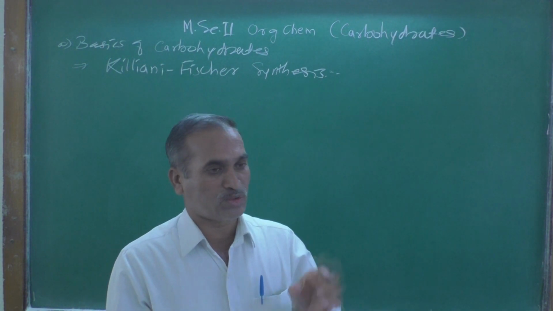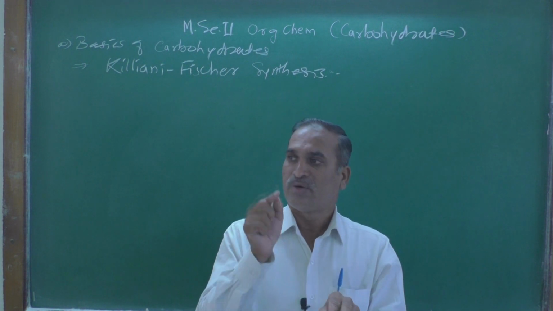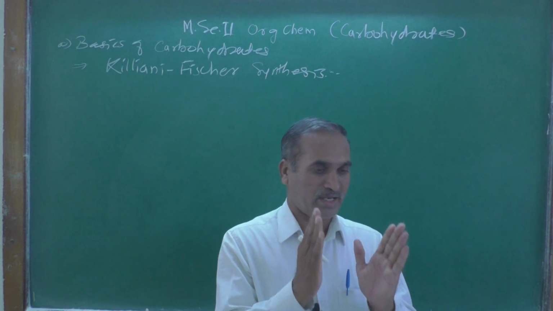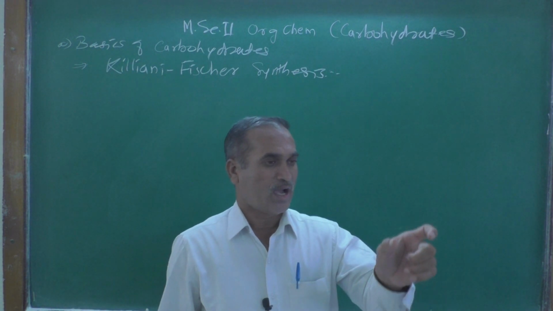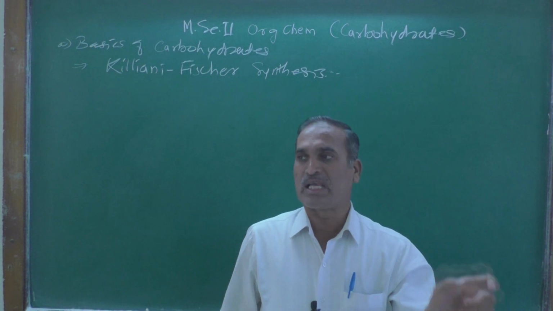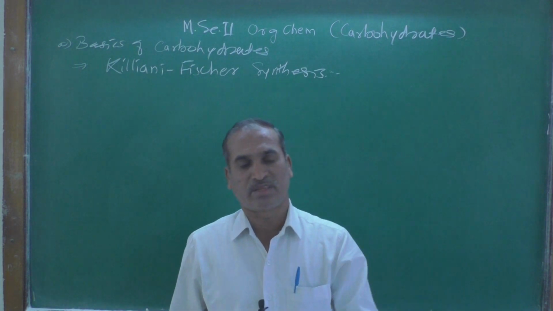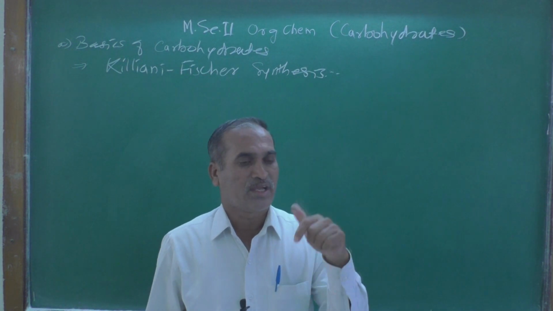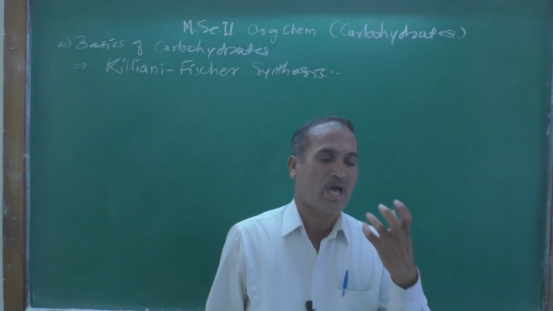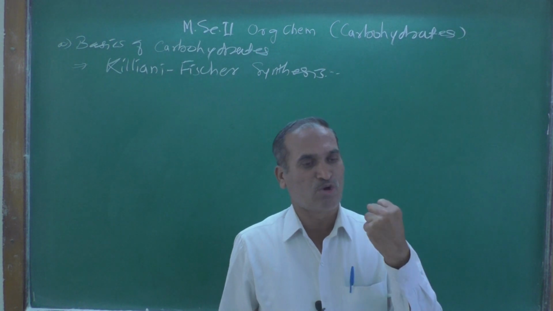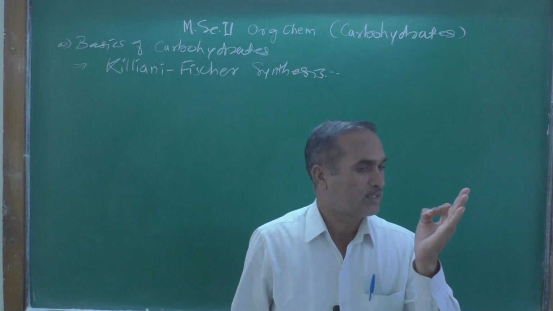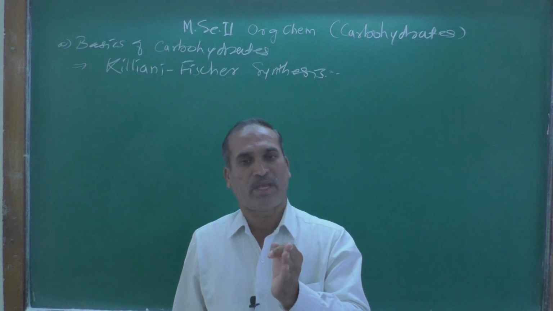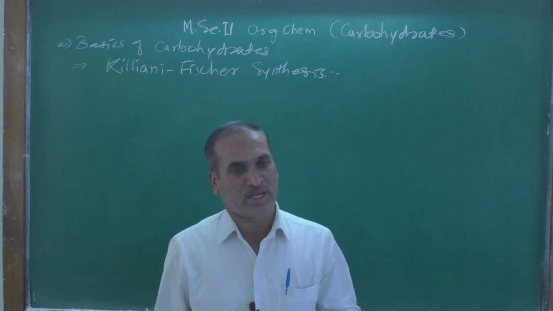So according to that, from glyceraldehyde we get D-glyceraldehyde and L-glyceraldehyde. When D-glyceraldehyde is treated with hydrogen cyanide, it gives 2 diastereomeric isomers. The derivative which we obtain is a cyanohydrin.